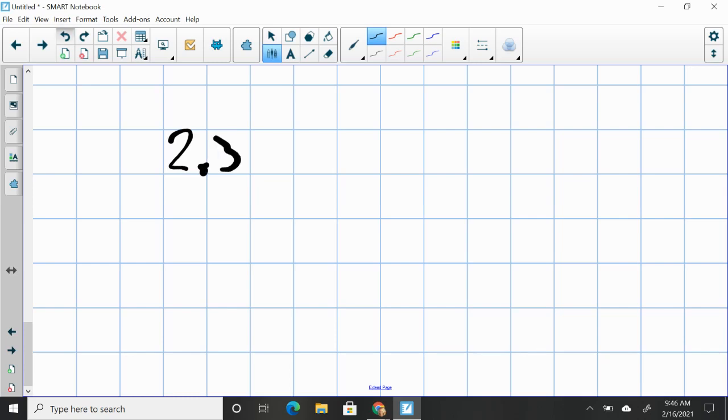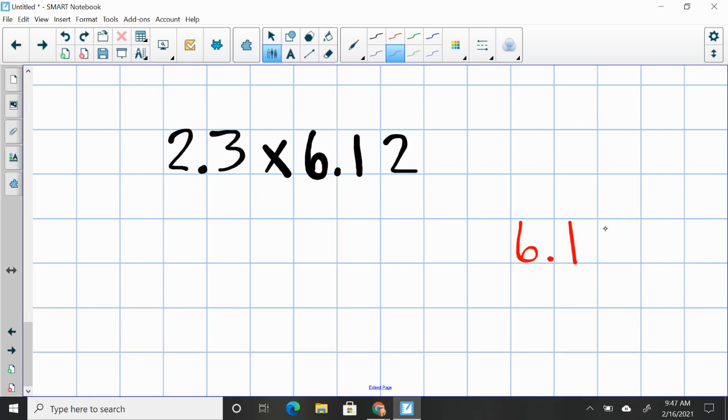Oh, that's a sloppy 3. 2 and 3/10 times, we'll say, 6 and 12 hundredths. What you would normally do for this is set this up like a normal multiplication problem. I would put the 6 and 12 hundredths on the top, just so I could set up my multiplication problem like this.